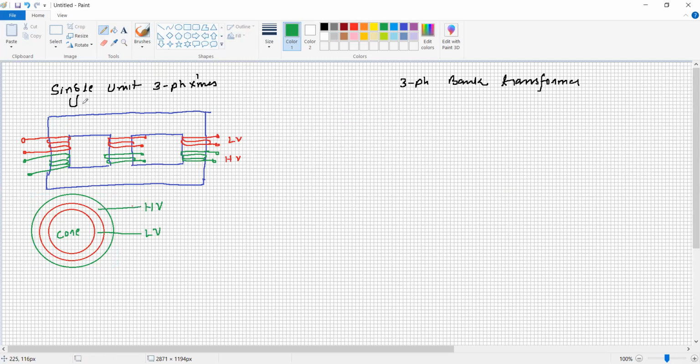So this is called a single unit. In a single unit, all three phases are comprised. This type of construction is used for three-phase distribution as well as power transformers.